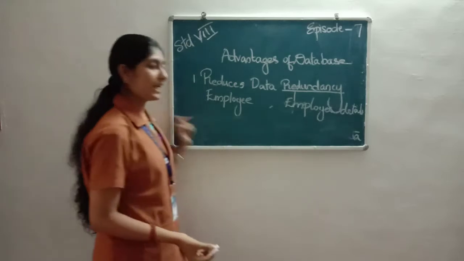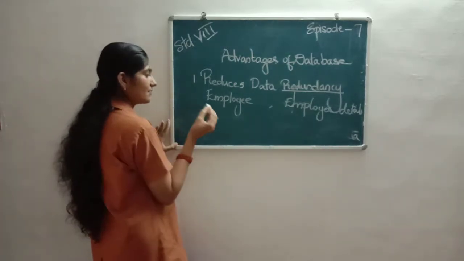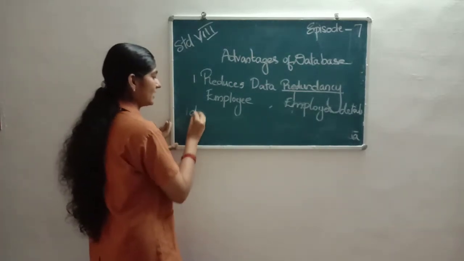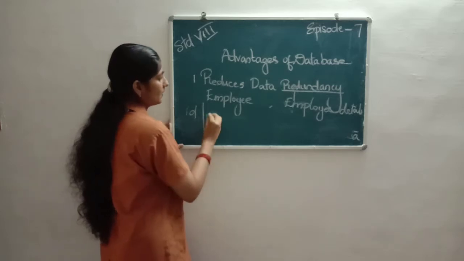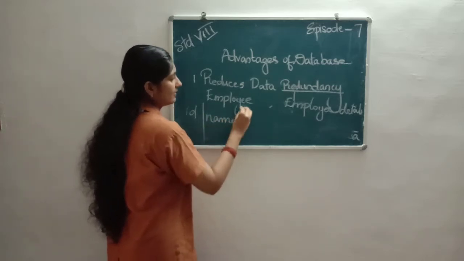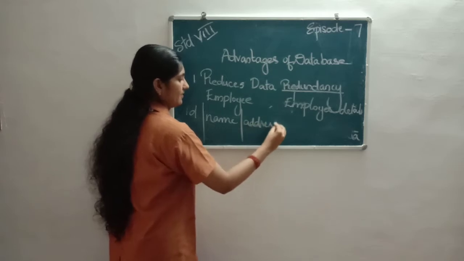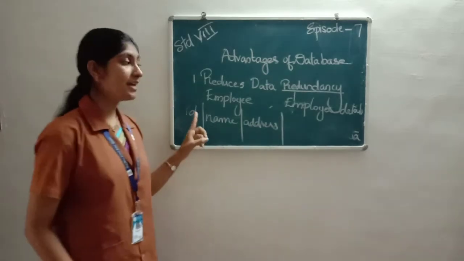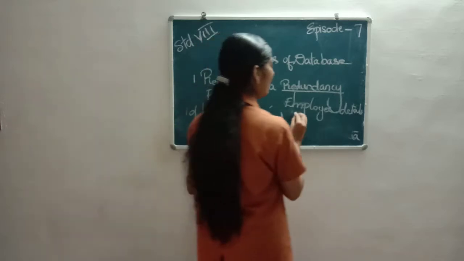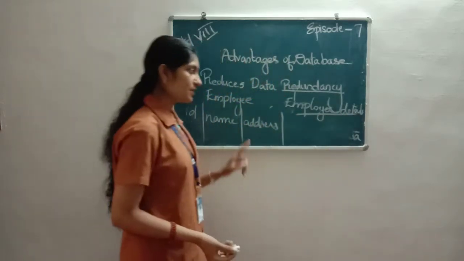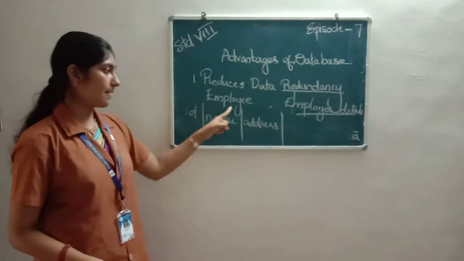In this table we have some fields like employee ID, then employee name, then employee address. Three fields: ID, name, address. The table name is employee.